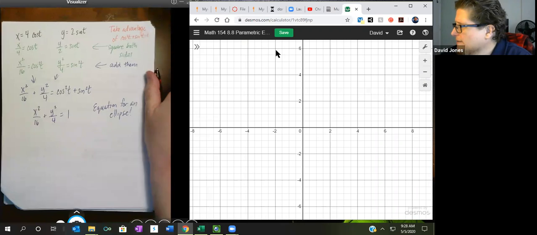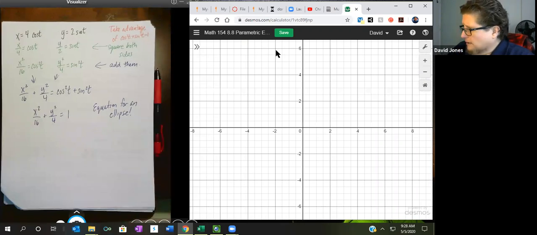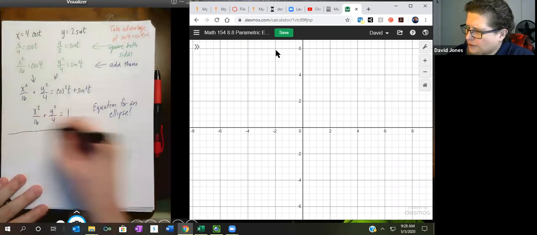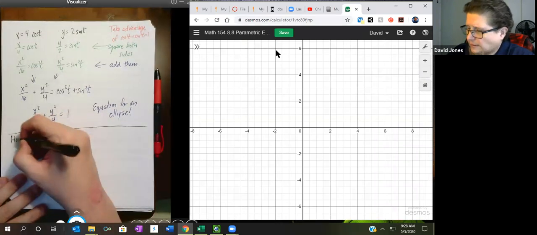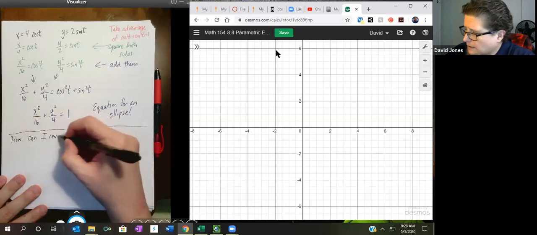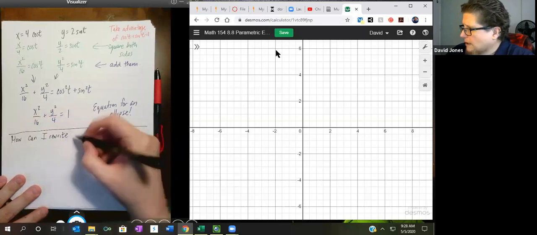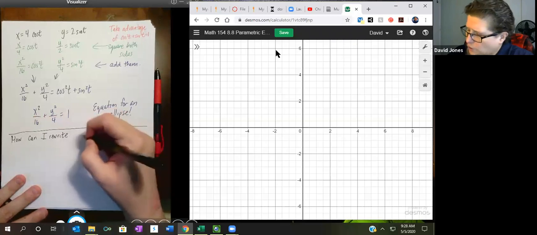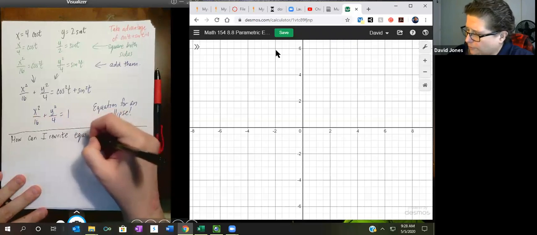Another skill we can develop is how can I rewrite equations in parametric form?